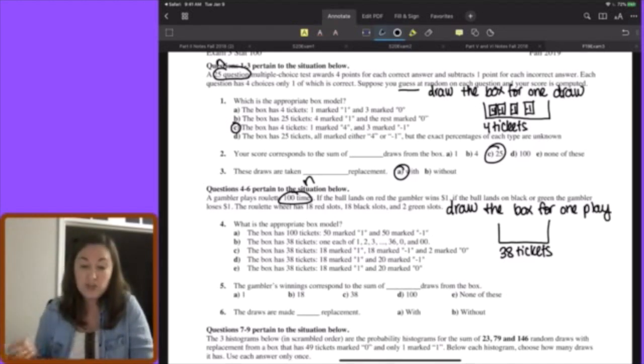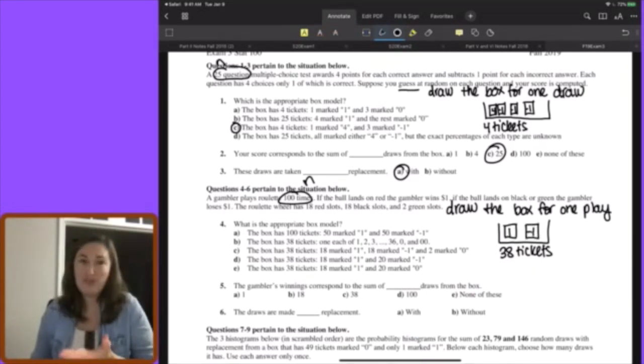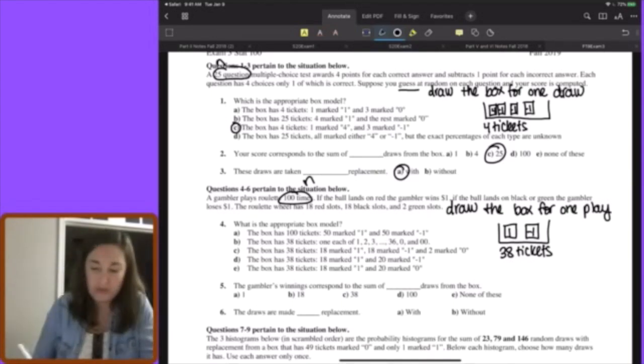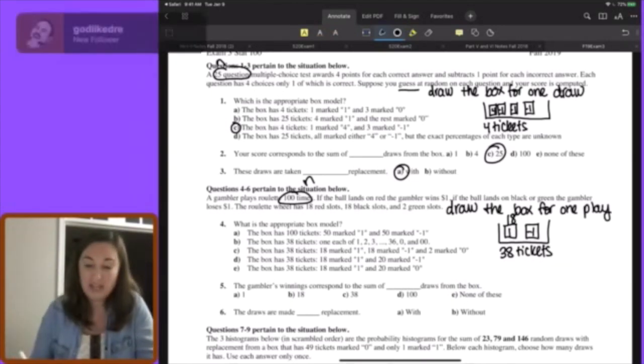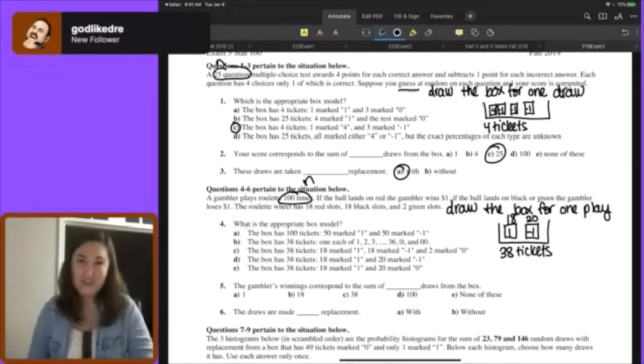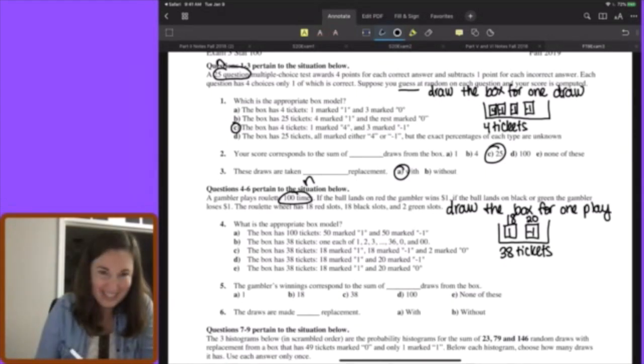Then you can either win $1 or lose $1, and there's a bunch of different ways that can happen. If you land on red, you win $1. So there's 18 ways to win, 18 red slots, and the remaining 20 slots are the losing slots, so you would lose $1. So which one is this? This is D, right? Yeah.